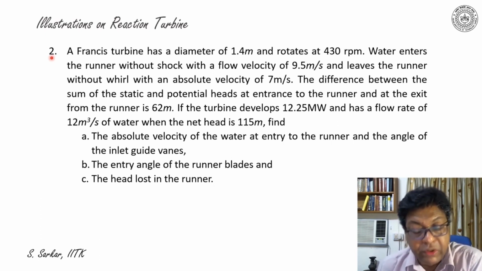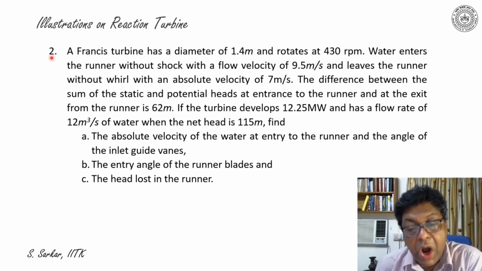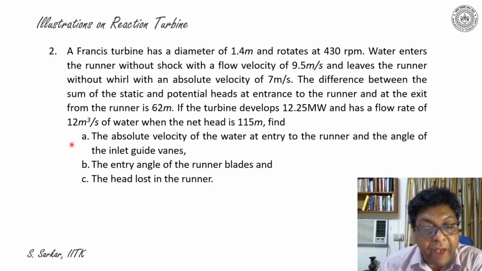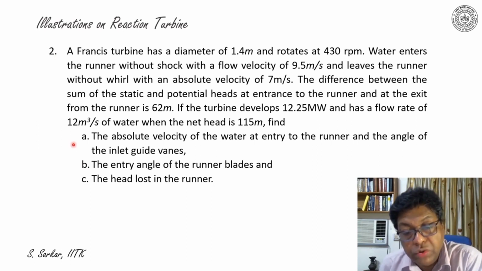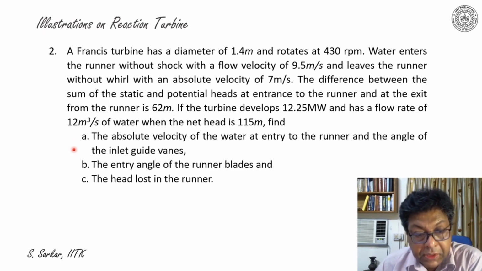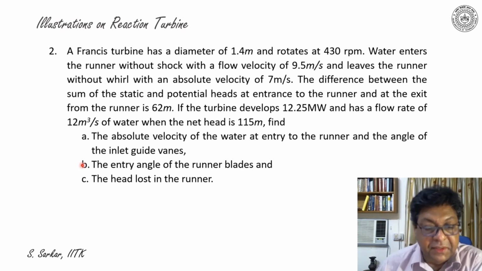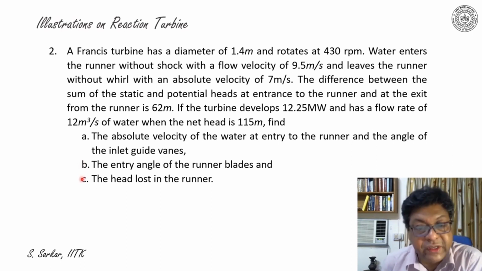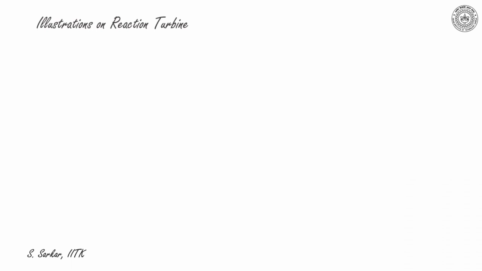The quantities given: D1, diameter at inlet to the runner is 1.4 meter. RPM, rotational speed of the runner N, is 430. Meridional speed at inlet Cm1 is equal to 9.5 meter per second.